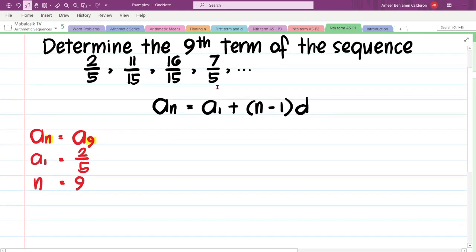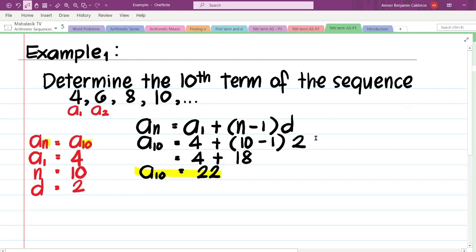But what about d? d now is equal to, we are going to solve now for d, because we cannot readily identify what d is. Unlike in our first example, where we can just mentally compute for d. That's just a sub 2 minus a sub 1, 6 minus 4, that's already 2.